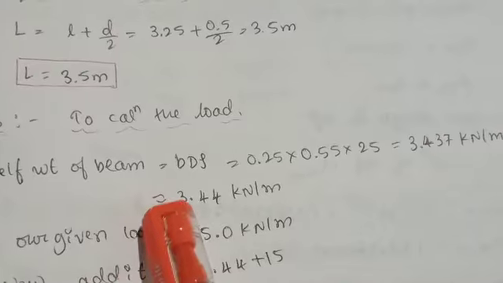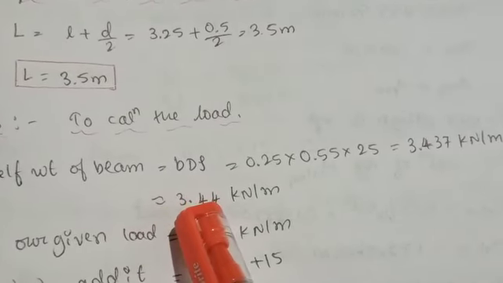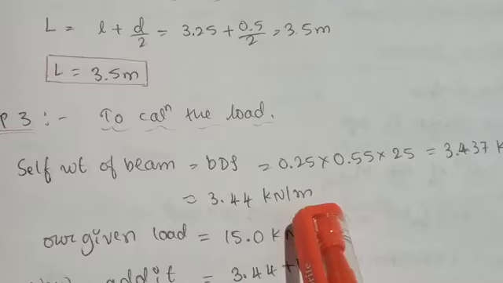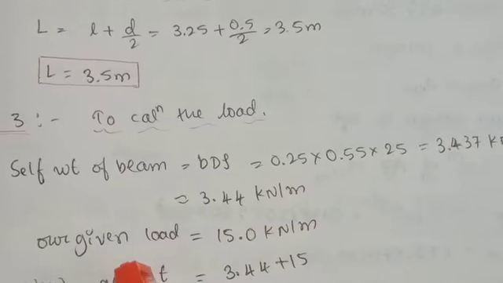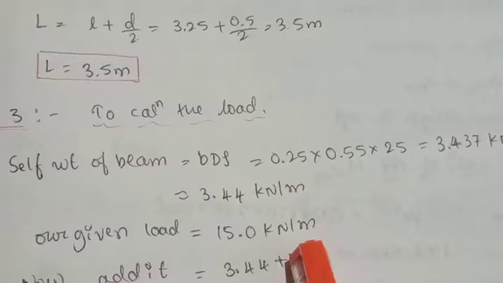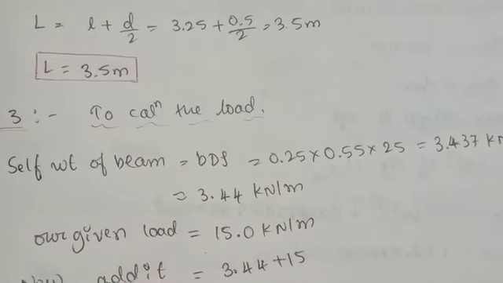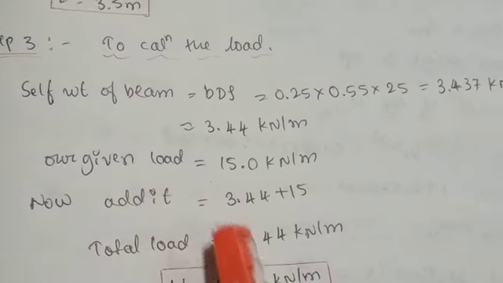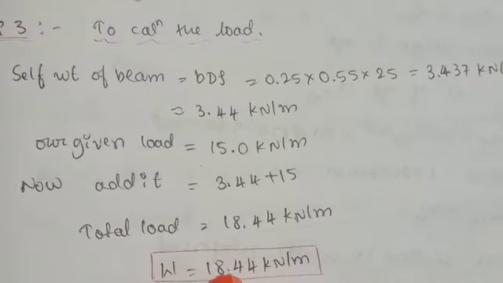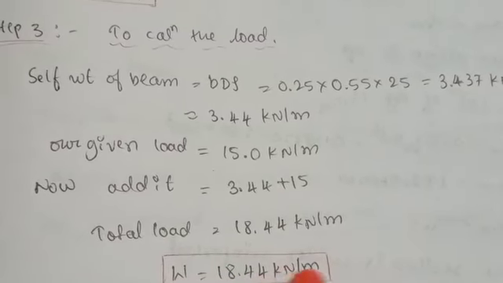I am taking the approximate value, 3.44 kilonewton per meter. Our given load is 15 kilonewton per meter. Now we add the self weight of the beam and the given load to find the total load. After simplifying, total load is 18.44 kilonewton per meter.